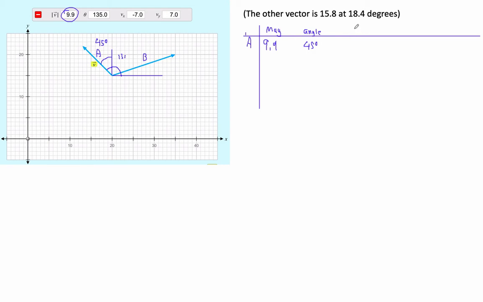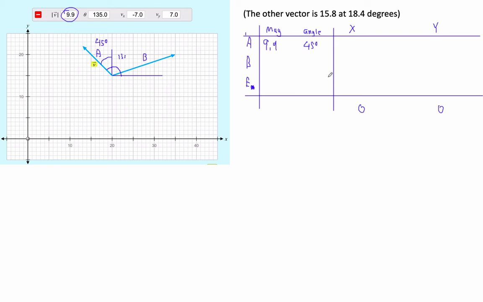Okay. And what we want to do is figure out what the x component of this thing is and the y component, right? And then we're going to add up B, and then the equilibrium, this guy is going to be such that when we add all these things up, the third vector is going to be such that when we add them all up, we'll get 0 here and 0 there.